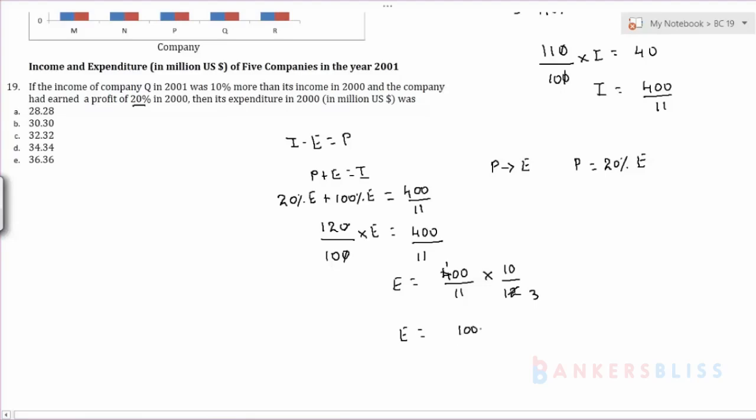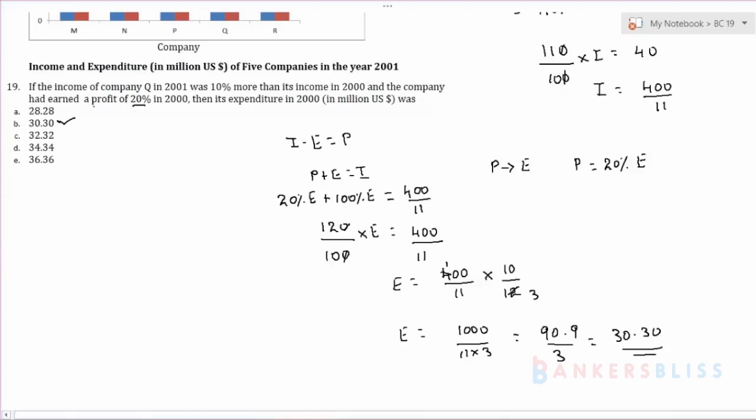So 1000 divided by 11 into 3. 11 9s are 99, so you get a carry over, 90 point, again 100, 11 9s are 99, which divided by 3 is 30.3. That is nothing but 30.30, the expenditure in 2000. So option B is the right answer.